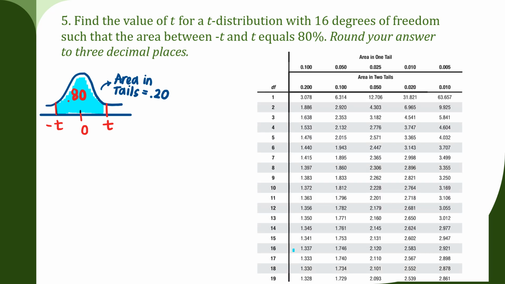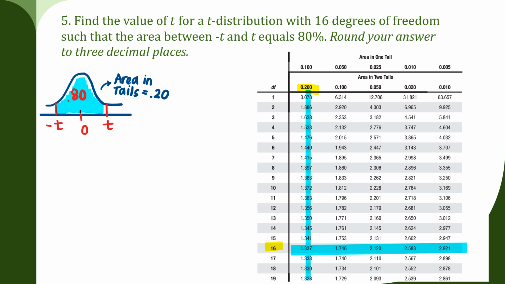So let's pull up our table. We're looking at the area in two tails as 0.2. So that's over here. Remember, again, be careful not to mix those two up. This one's 0.2, this one's 0.02. So I'm going to highlight 0.2. Then I'm going to highlight my degrees of freedom, which is 16, so down here. And then I'm going to do the intersection of that column and that row.